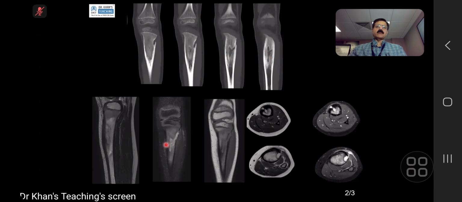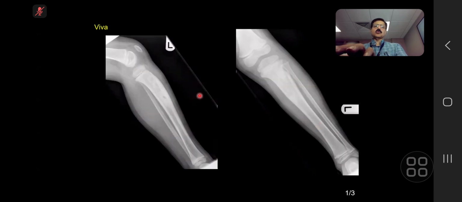And of course, the same finding on MR. You can see this cortical breach, and you did very well, where there is a sinus tract and perifocal abscess. So well done. Another case of osteomyelitis. But my main idea was to show you cortical tunneling, which is not visible to you because of the projection or the quality of the X-ray.